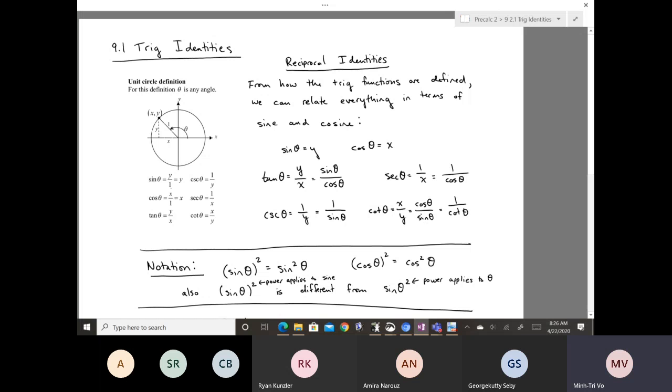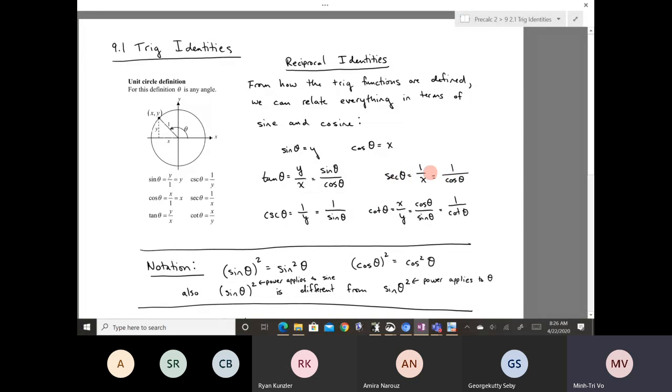If you compare sine and cosecant, sine is y over 1, whereas cosecant is 1 over y. The two formulas are just reciprocals of each other. And then similarly for cosine and secant, and tangent versus cotangent. So that's where the reciprocal identities come from.